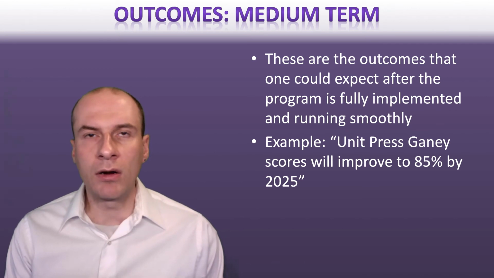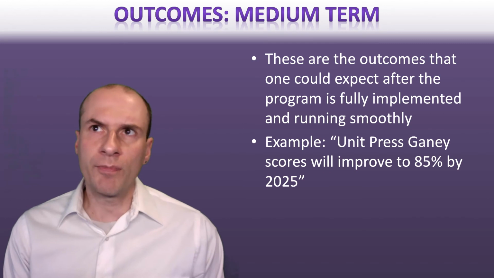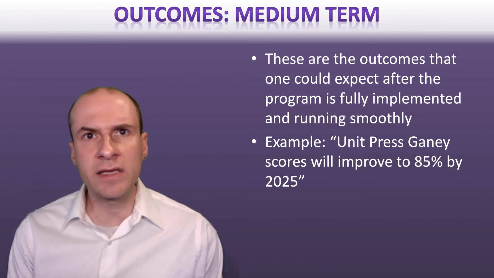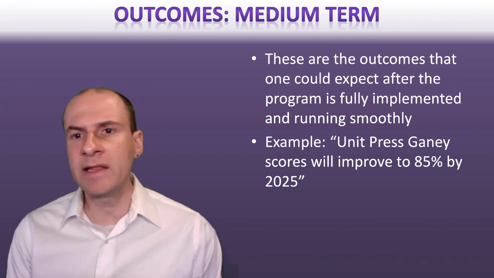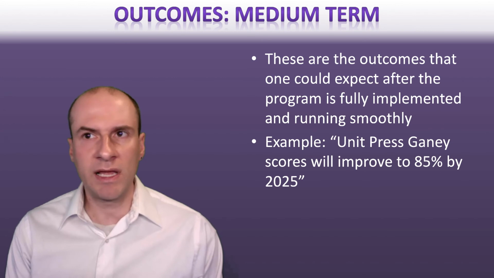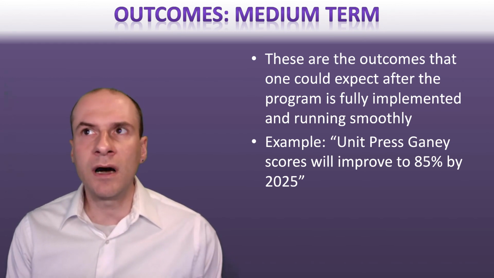Medium term are outcomes that are really referring to after your program has been rolled out pretty well and it's running smoothly. It might not all be perfect, but it's going, all right? These might be things that we would see more in the short term.